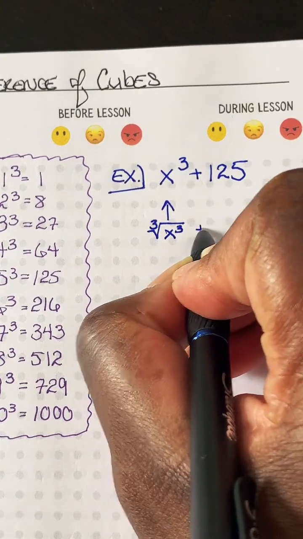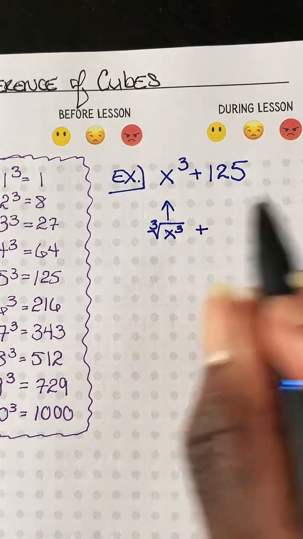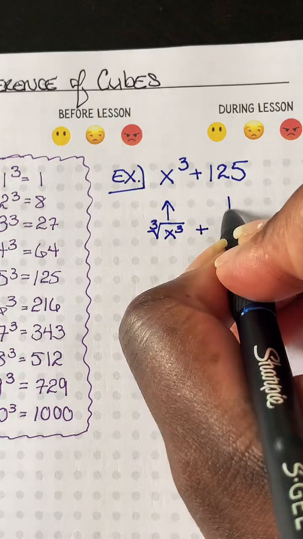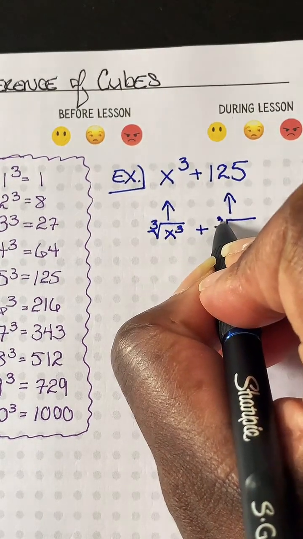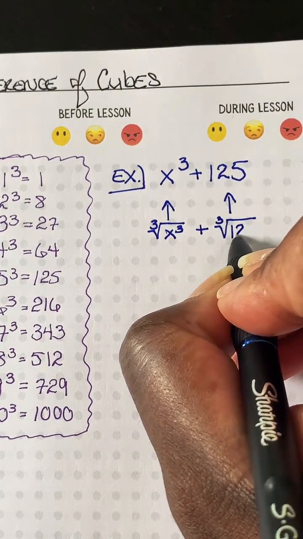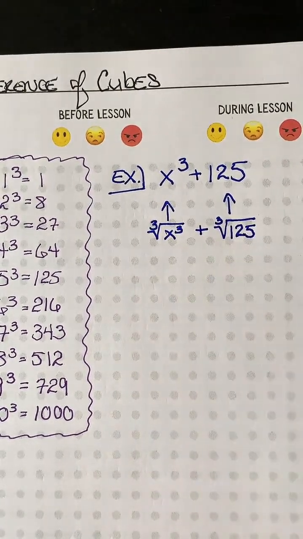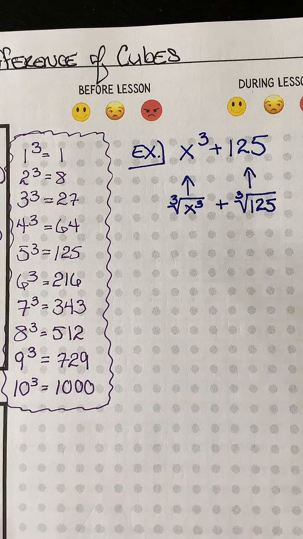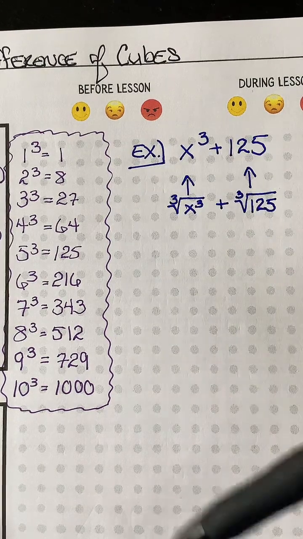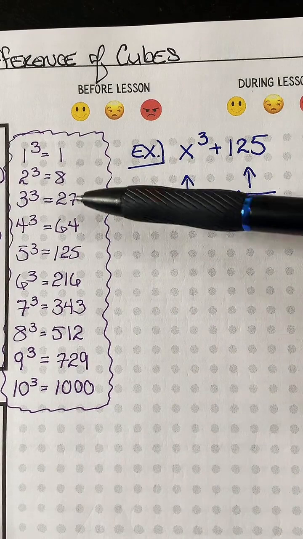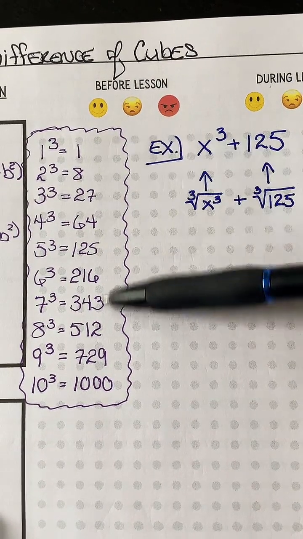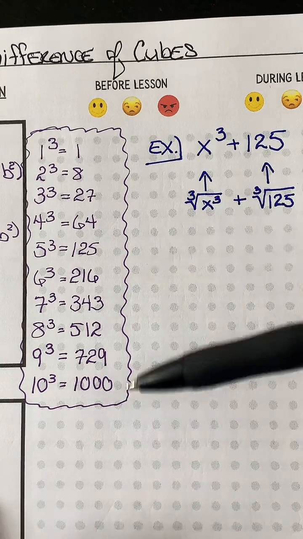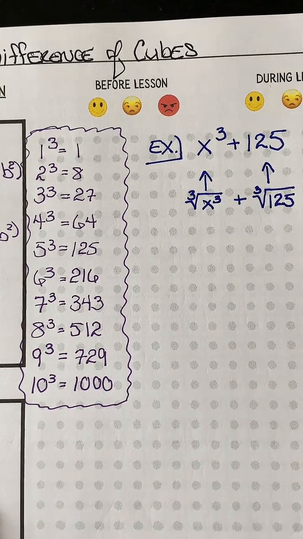So you're going to find the cube root of x cubed, as well as the cube root of 125. We understand the squares more so than the cubes, that's why I put this up here. If you want to take a screenshot of this so you don't have to keep going back and forth, you can go ahead and do that.